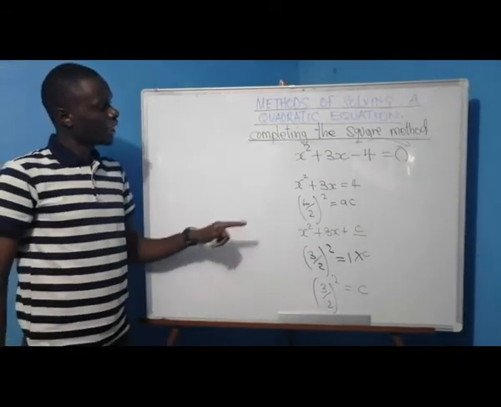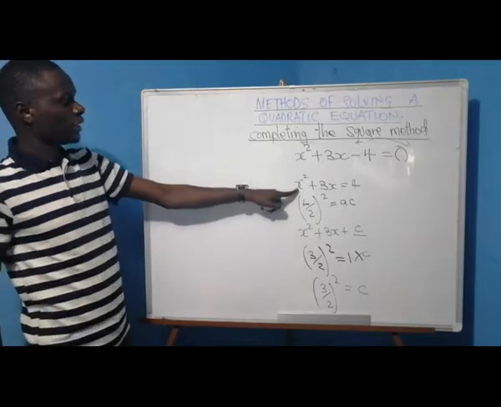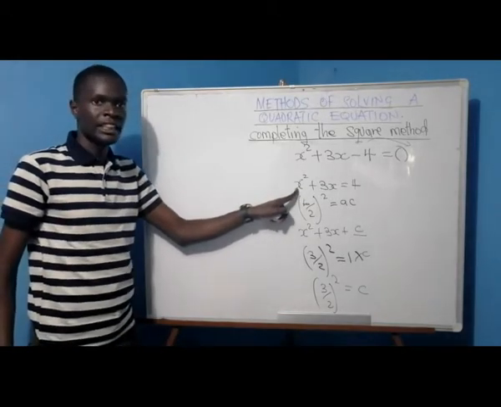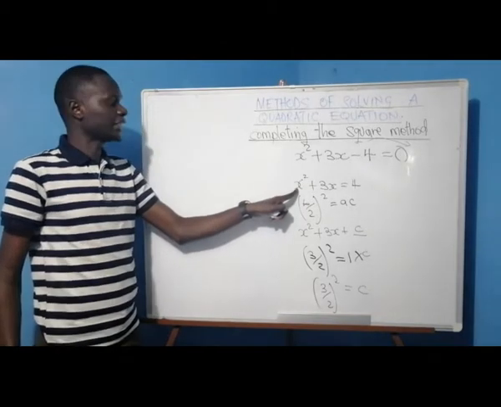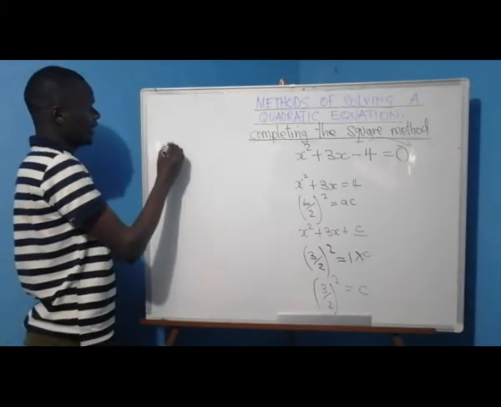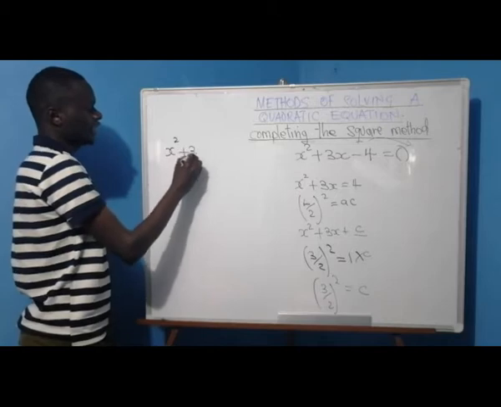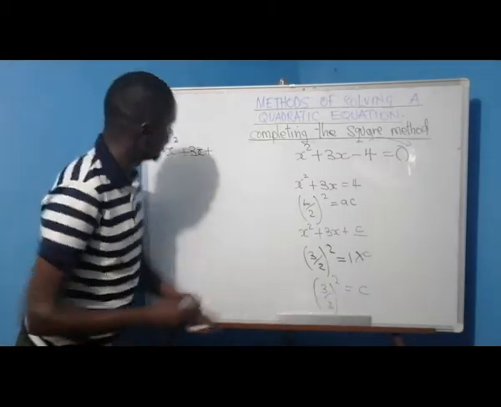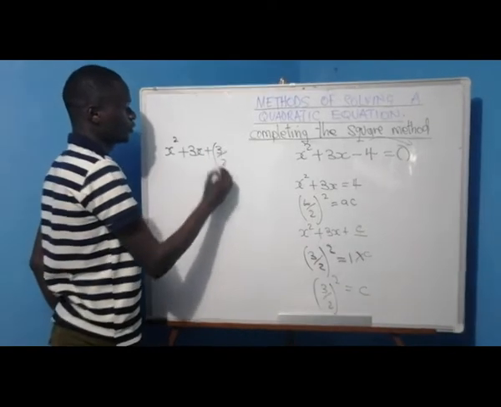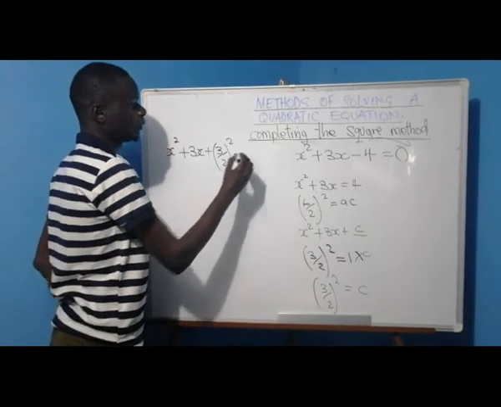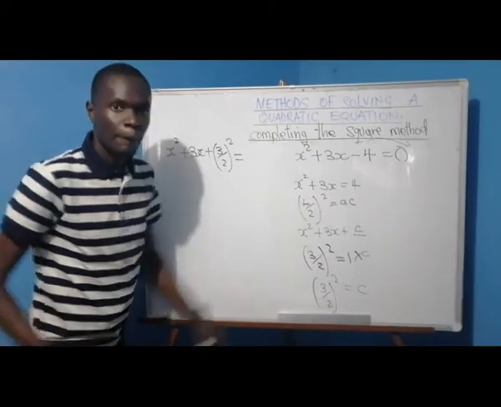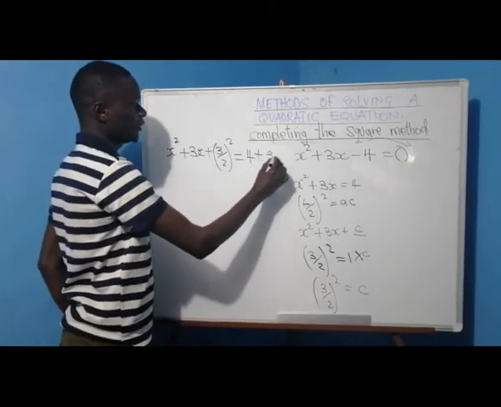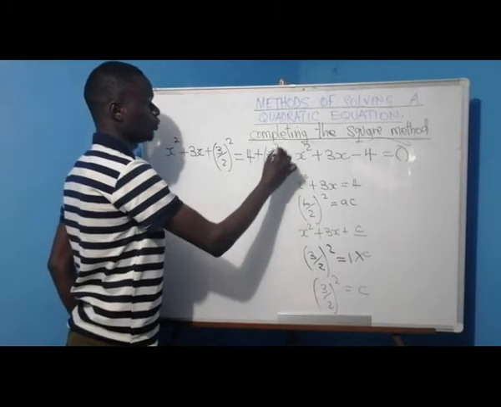And therefore, we come back to this equation and add the value of C both on the left-hand side and the right-hand side. x squared plus 3x plus 3 over 2 squared is equal to 4 plus 3 over 2 squared.